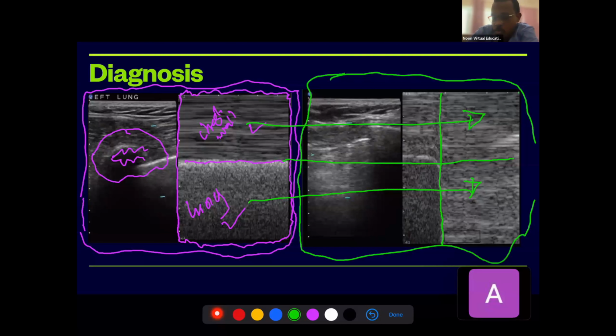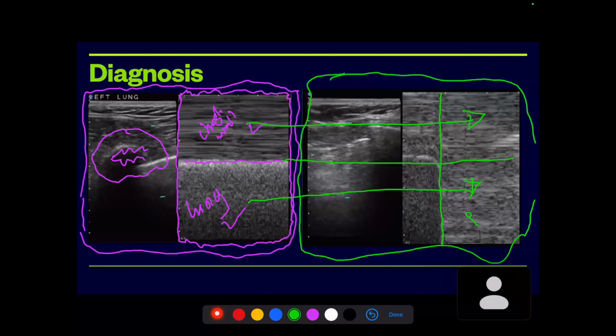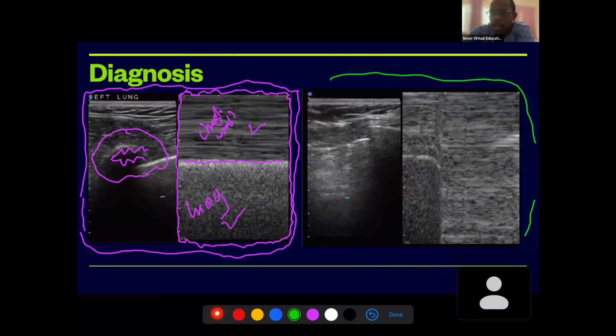This sign is called the barcode sign. Barcode sign, okay? If you find the barcode sign, what is that? And why is it called the barcode sign? Because everything is disturbed. Nothing is clear, same like a barcode.